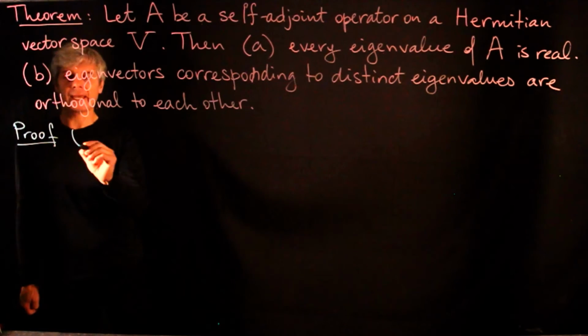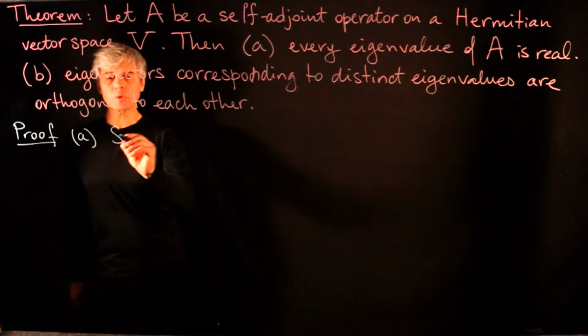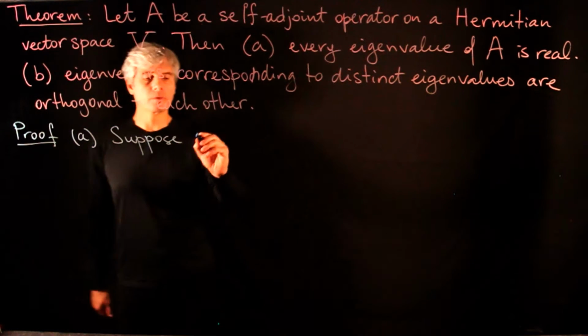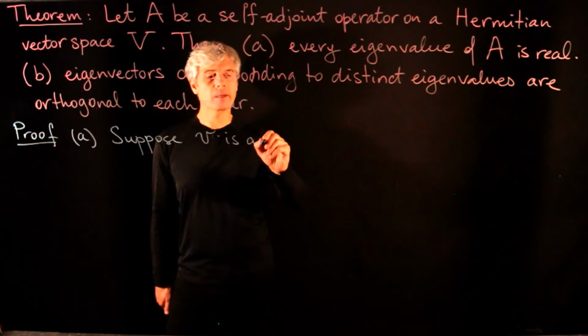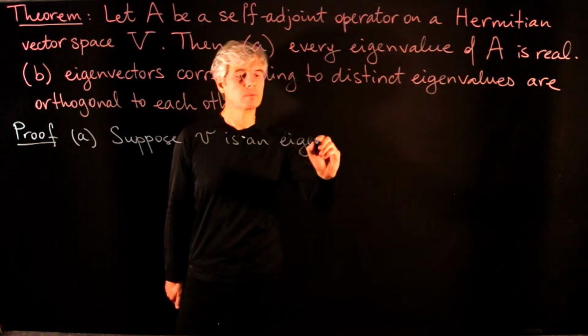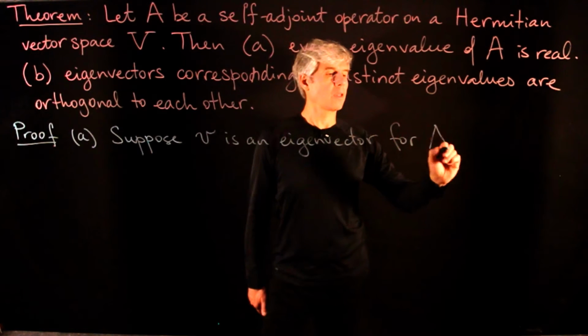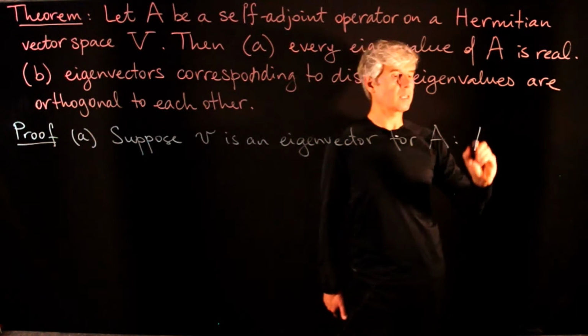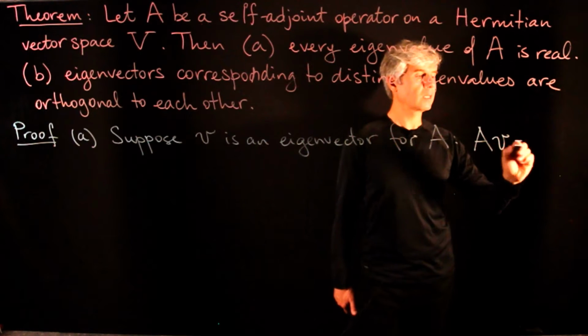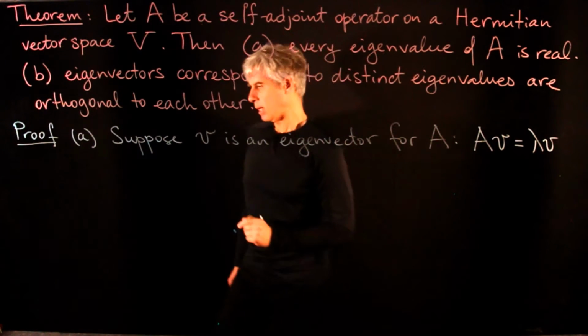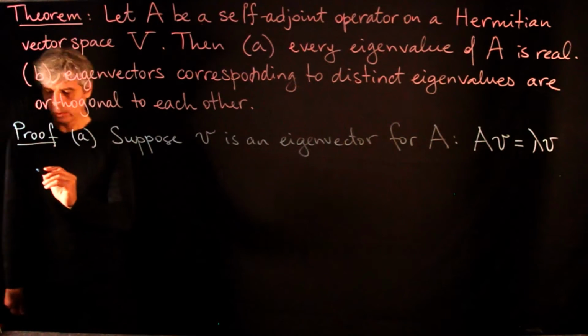So we start with part (a). Suppose V is an eigenvector for A. This means that A applied to V is equal to lambda V. Now, let's calculate two things.